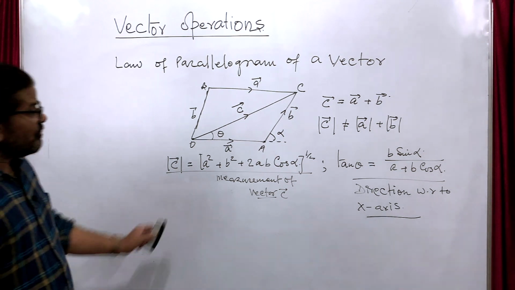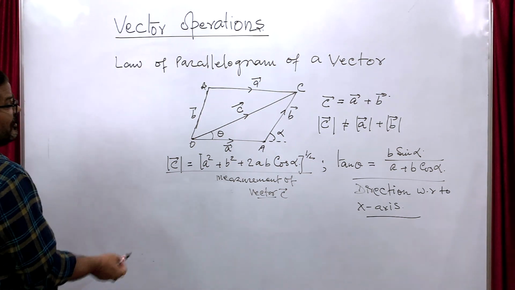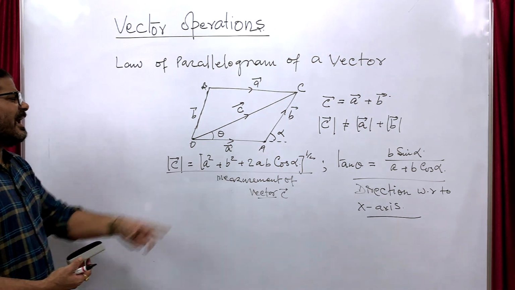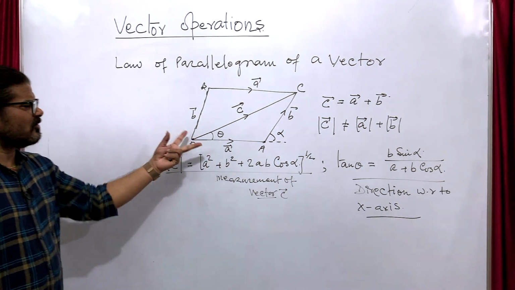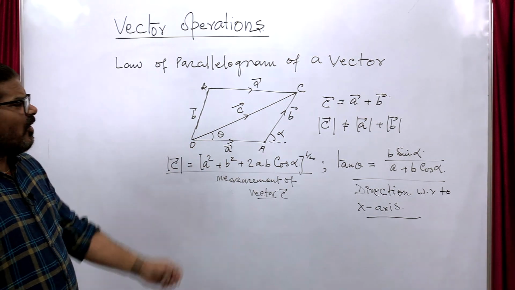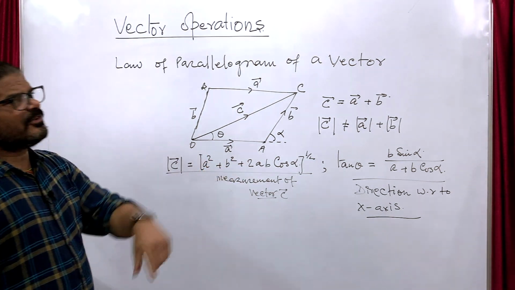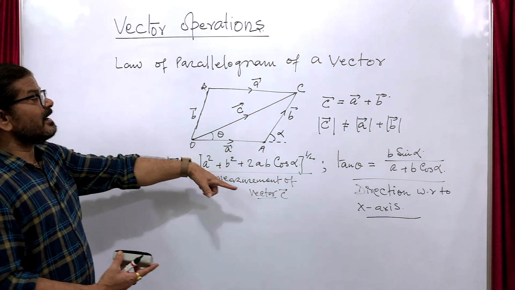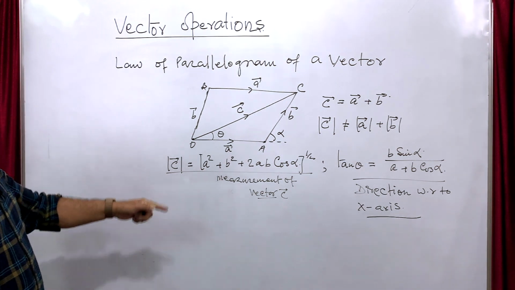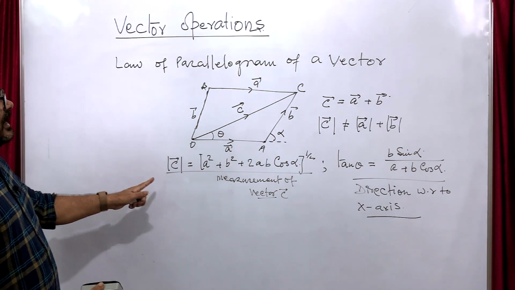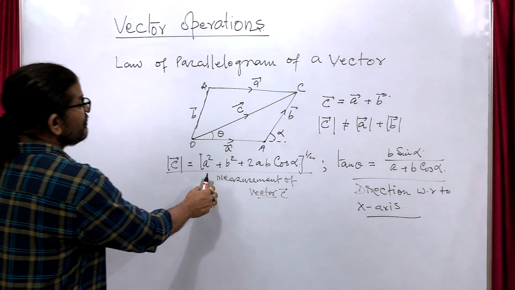Here our purpose is to see, for a set of two vectors A and B, what its resultants are, and what condition you can impose so that the resultant will change.